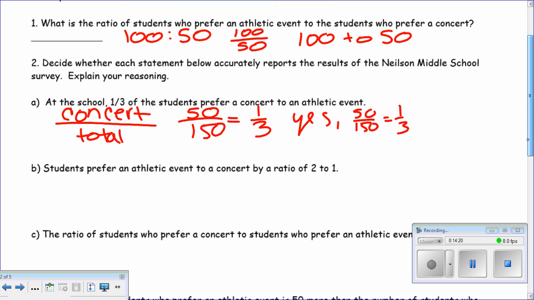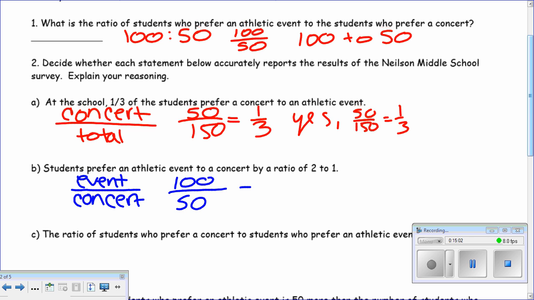For B, students prefer an athletic event to a concert by a ratio of 2 to 1. So they want an athletic event to a concert, which can also be written as a fraction. If I can plug numbers in, what can I plug in here to figure out whether this is true or not? How many prefer the event? Leiden? 100. And how many prefer the concert? Blake? 50.